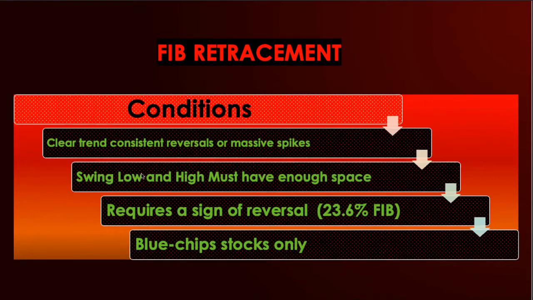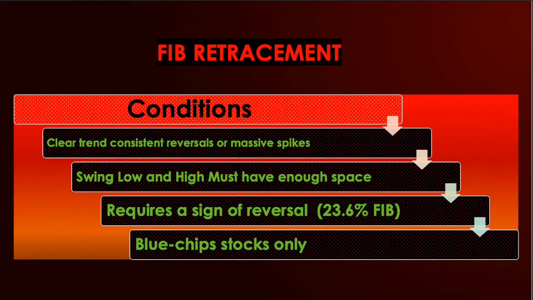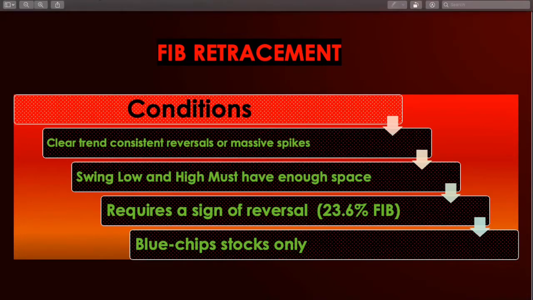The second condition, the swing high and the swing low must have enough space for you to profit off of. The third is that we require a sign of reversal after it passes the 23.6% of the FIB. And the last thing, we want to only use this on blue chip stocks and not any penny stocks or random stocks that do not have a lot of liquidity.